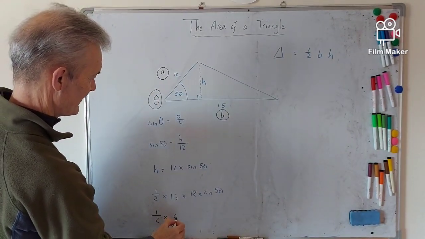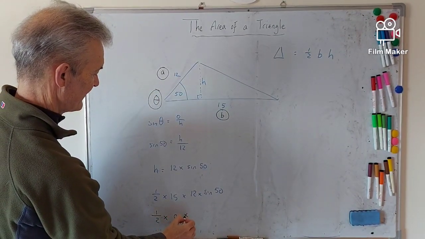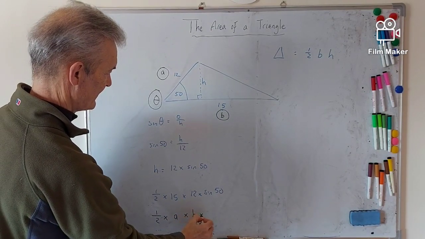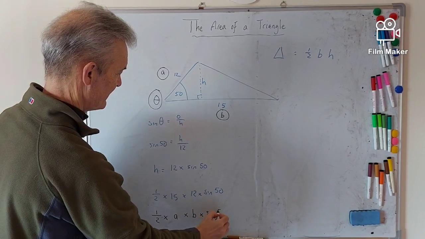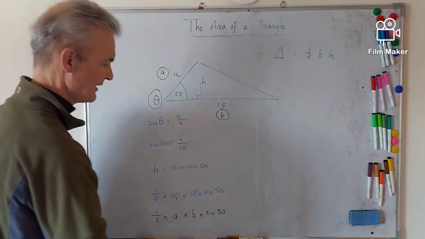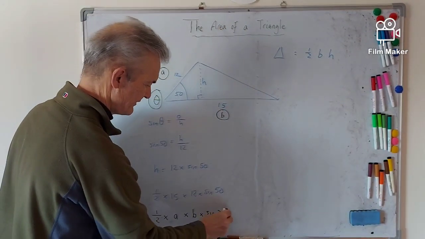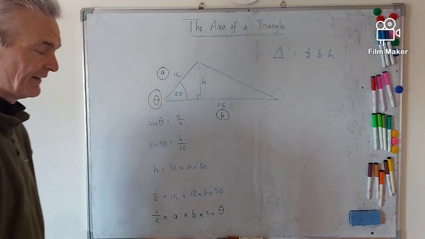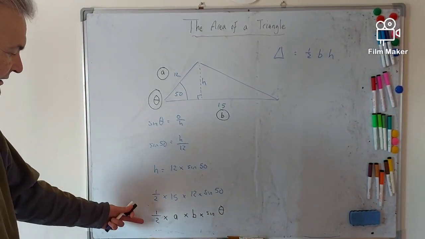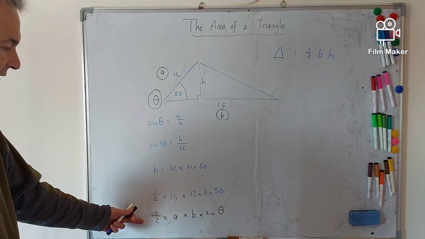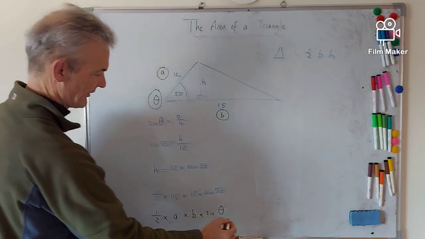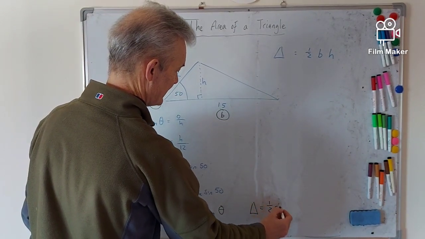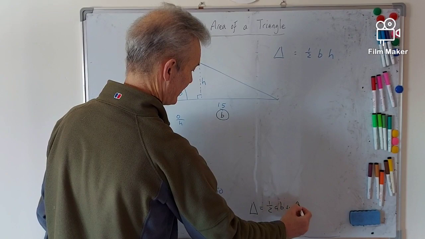I'm going to do half times A times B times sine, okay, I don't really want the 50 there either. We're still dealing in generalities, so let's call it theta. So this is the same as this. Okay, so that gives us the area of the triangle as half AB sine theta.